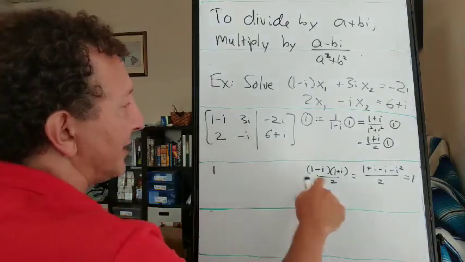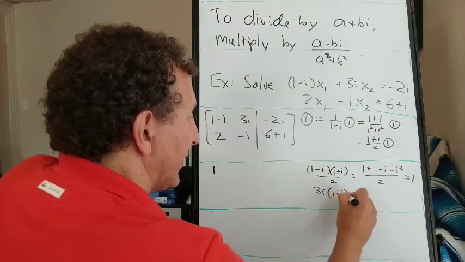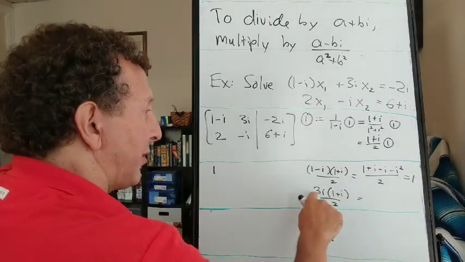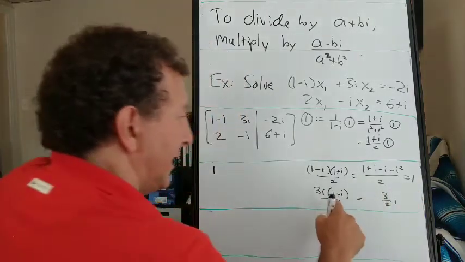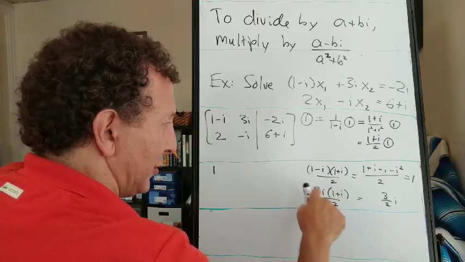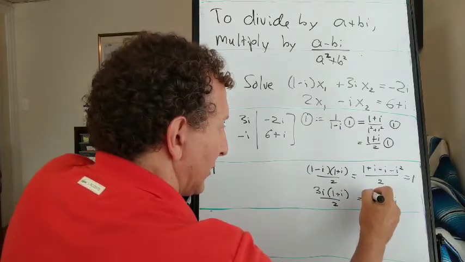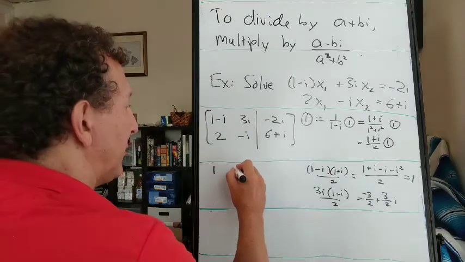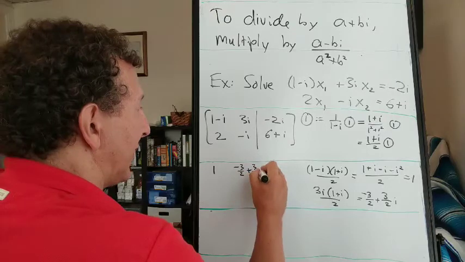Then we have 3i times 1 plus i over 2. So we have 3i over 2. The imaginary part is going to be 3 over 2i. i times i is i squared, so 3i squared over 2 is 3 times negative 1 over 2, which is minus 3 over 2. So that gives us minus 3 halves plus 3 halves i.